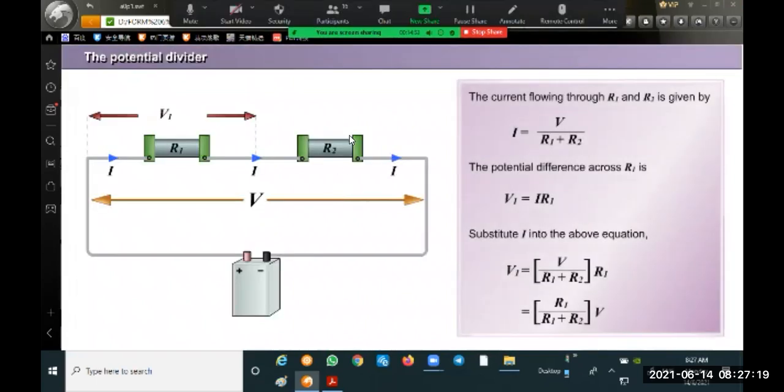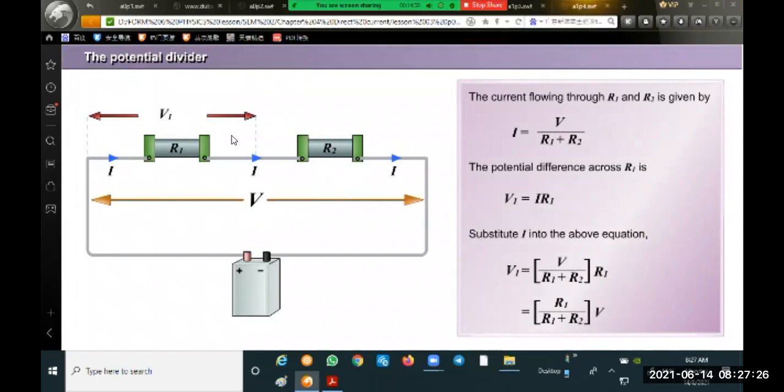Okay, next. What happens if I connect two identical resistors? Let's say identical, two identical resistors in series.